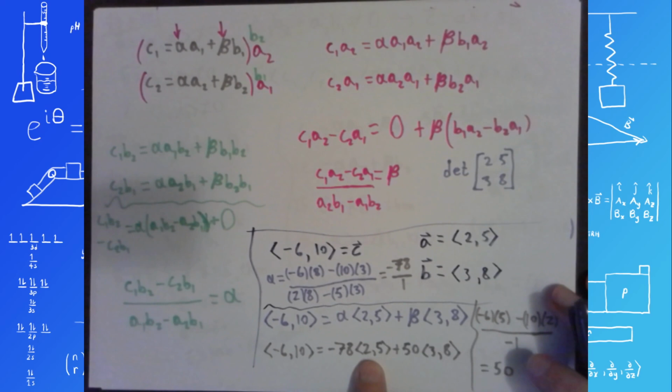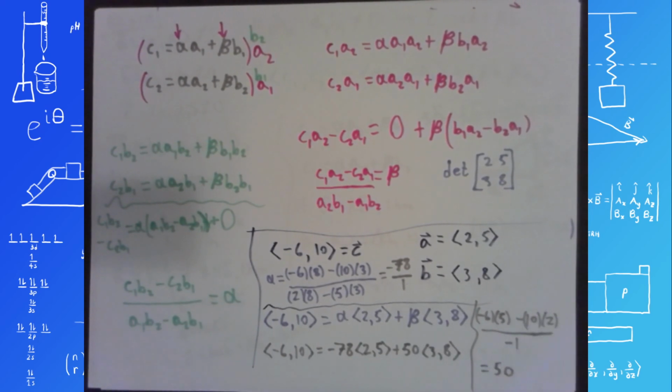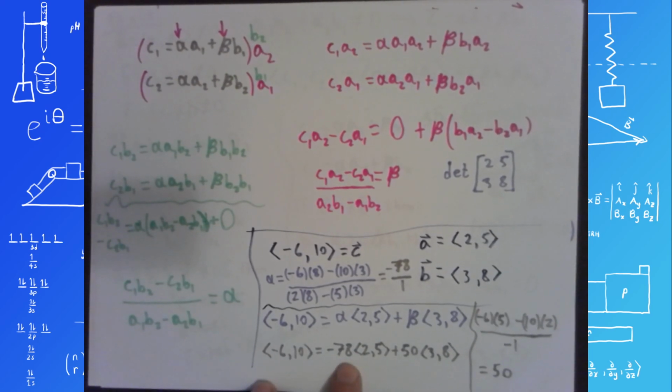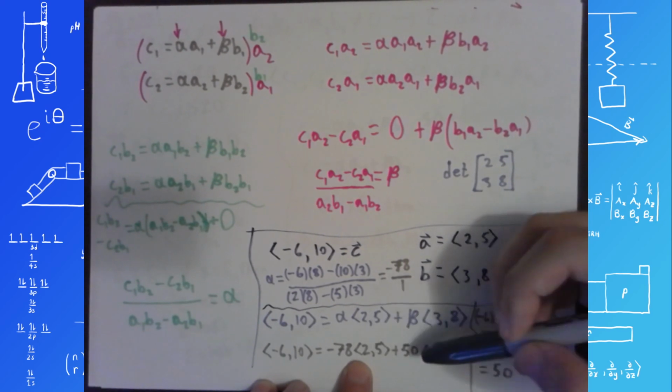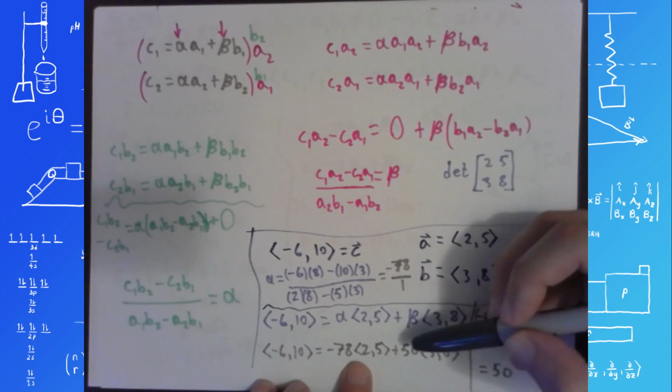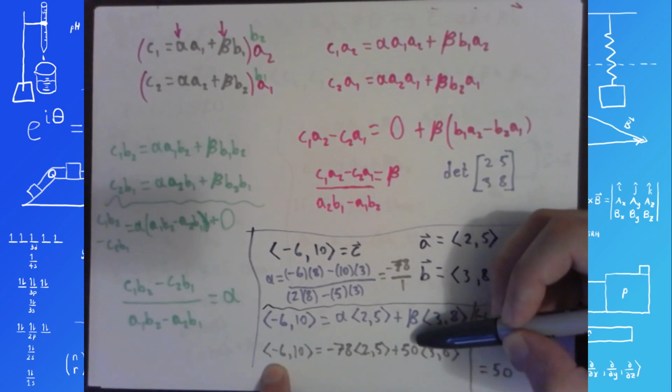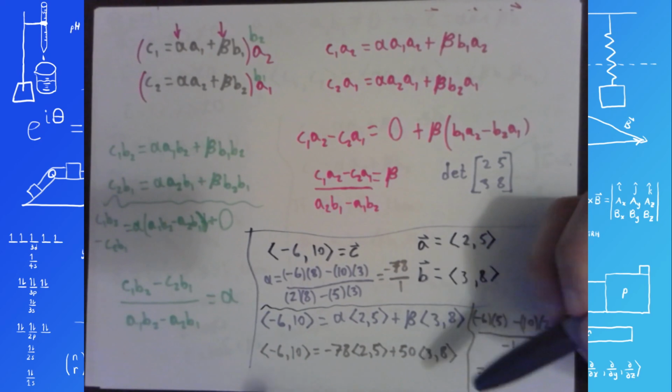Negative 78 times 2 is, let's see, negative 80 times 2 would be negative 160. So add back 4, and that's negative 156. Negative 156 plus 50 times 3, which is 150. Negative 156 plus 150 is indeed negative 6, so that works.